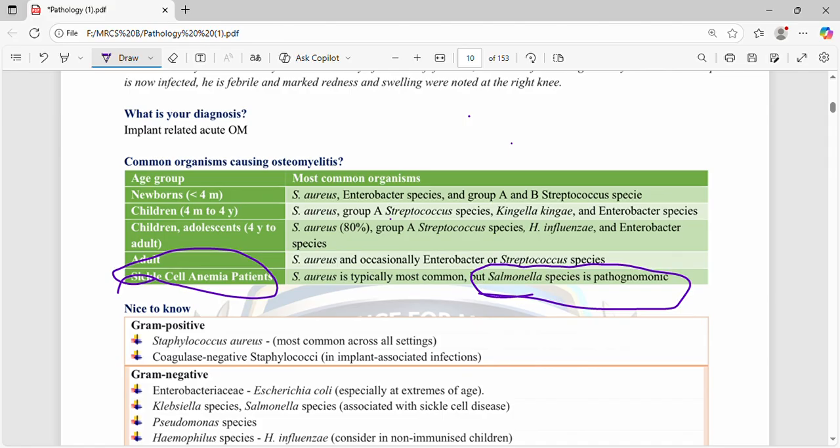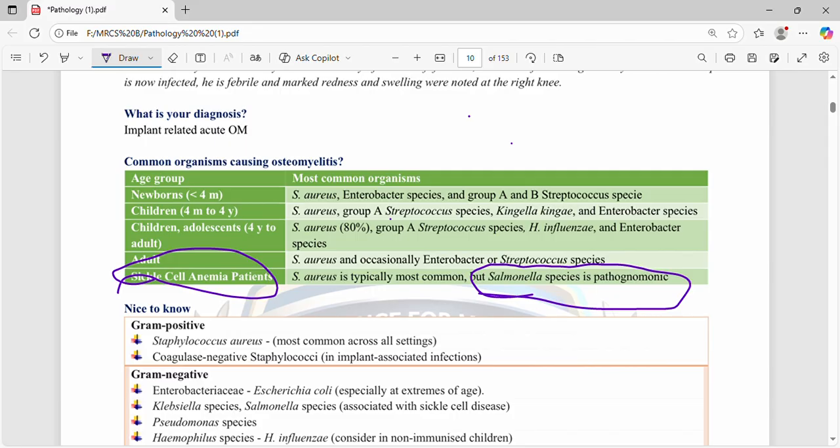Let's suppose you have a patient with osteomyelitis and you cultured it and it came out to be Salmonella typhi or Salmonella species, then you should worry about his sickle cell anemia status as well, if you didn't know it earlier.